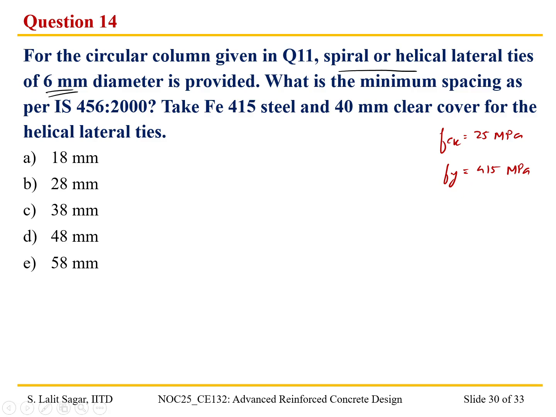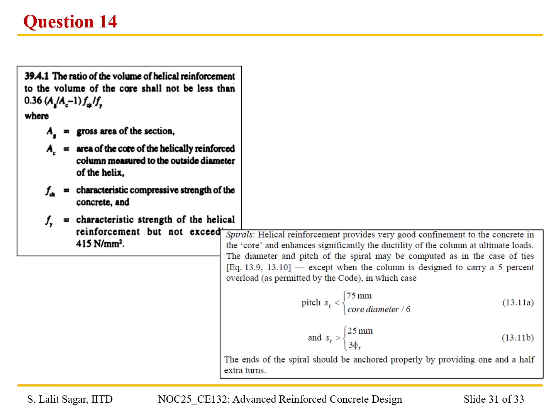Okay, so let us try to find out the value. The ratio of the volume of the helical reinforcement to the volume of core shall not be less than 0.36 (Ag by Ac minus 1) multiplied by fck by fy.